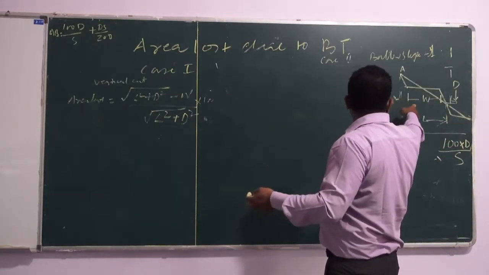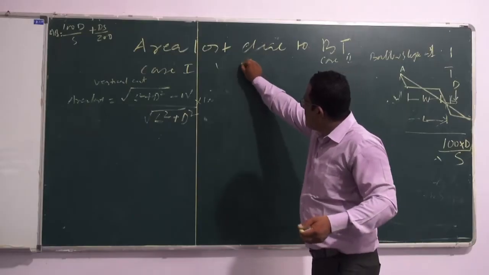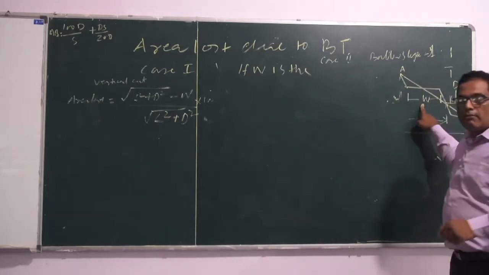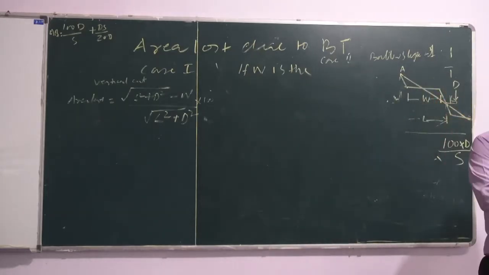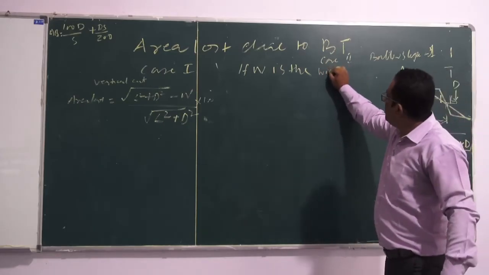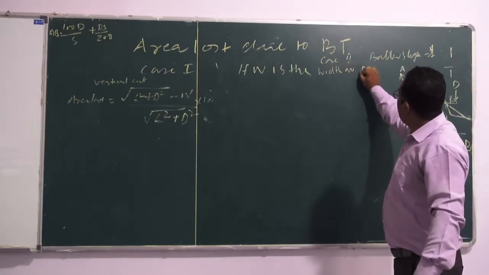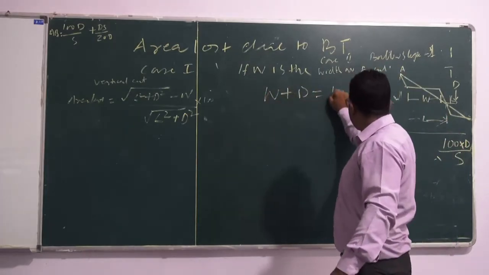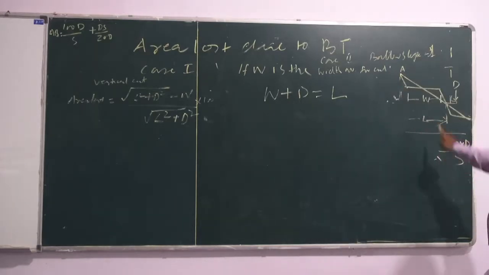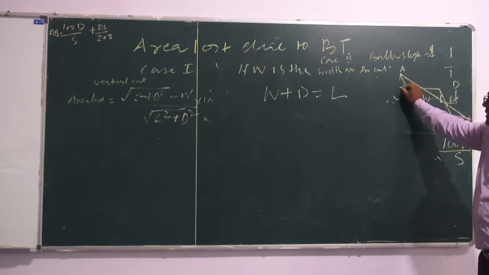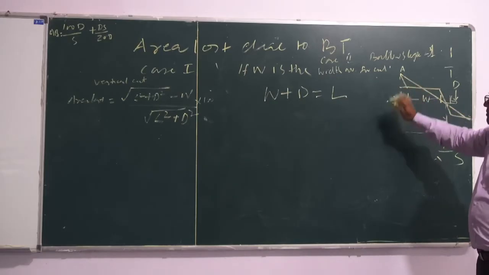Now what we do is say if W is the width which is available for cultivation, then W plus D is equal to L. Any doubt? Because this is the width which is available for cultivation. Here, can we do cultivation? No, it cannot be done because it is a bund.